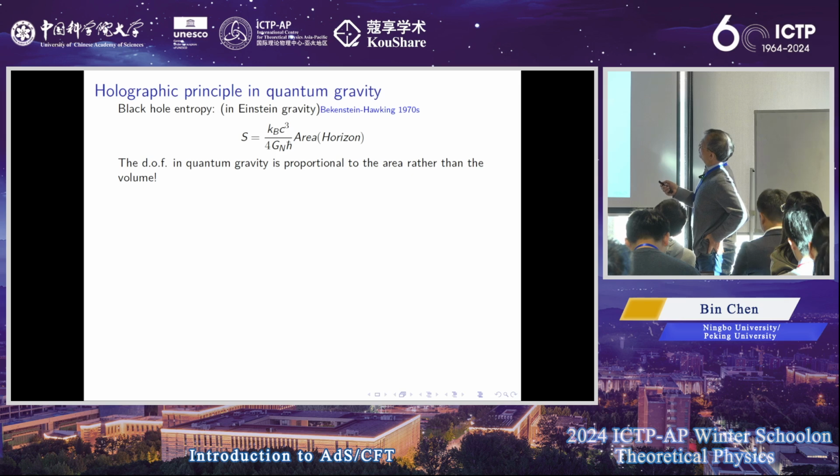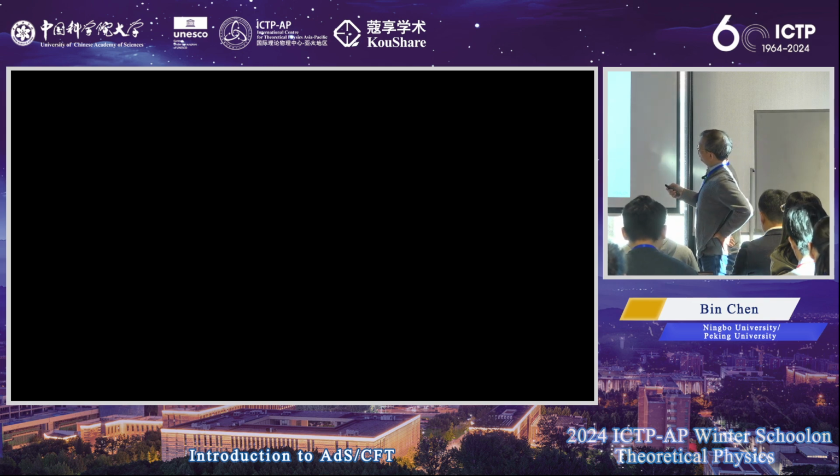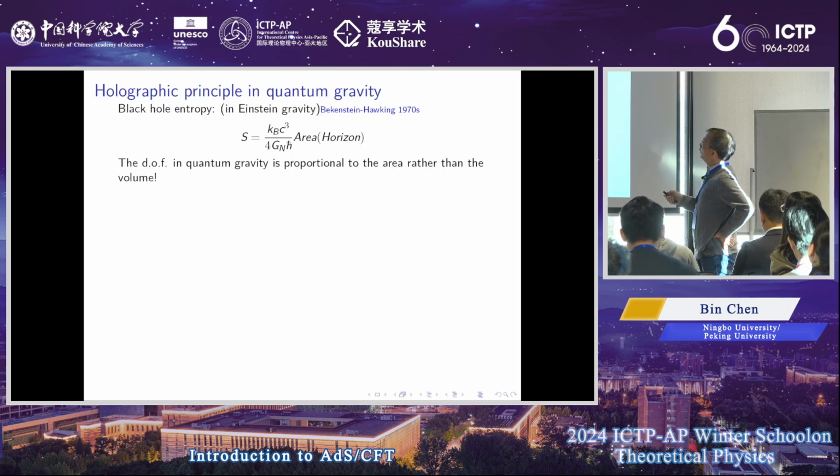In the 1970s, Bekenstein and Hawking found that the black hole has entropy. This is called the Bekenstein-Hawking formula for Einstein gravity. The entropy of the black hole is proportional to the area of the horizon, not to the volume.